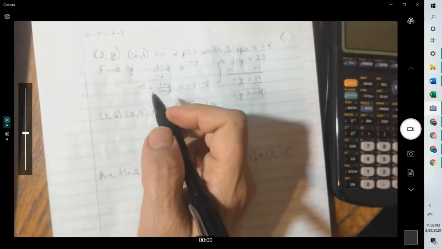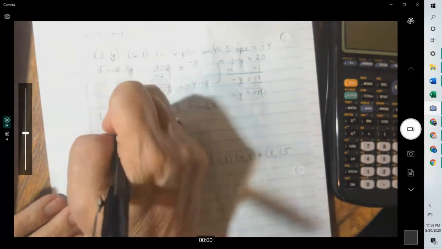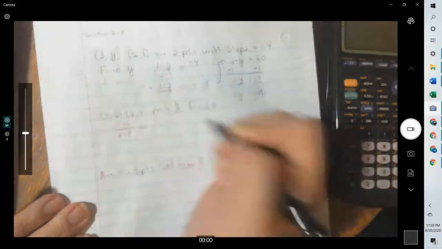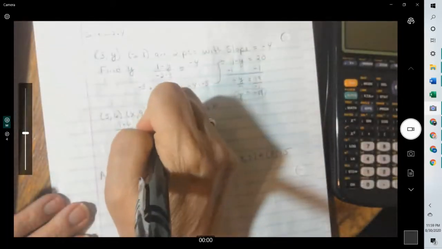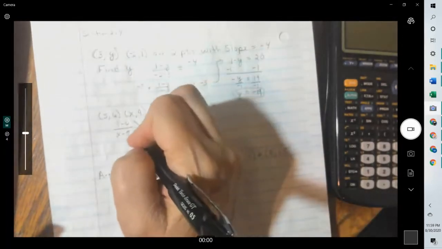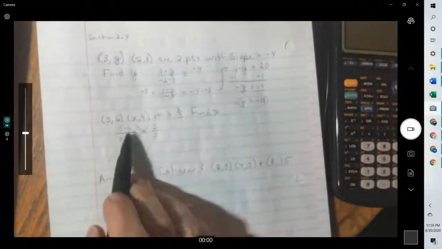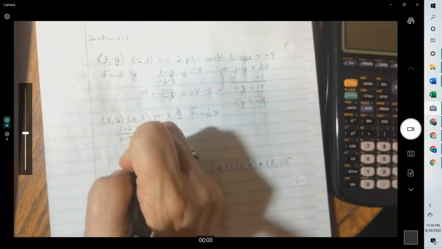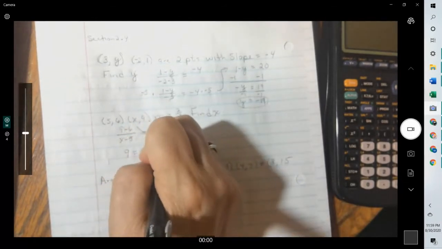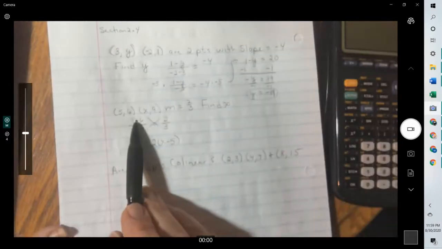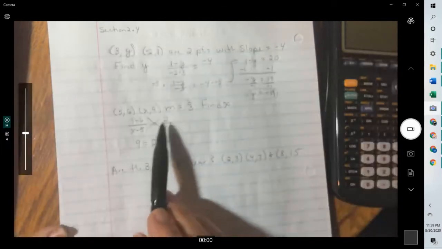We have slope 9 minus 6 over x minus 5 equals, in this case, the slope is 2/3. Now, when you have a fraction on both sides, we could cross multiply. But 9 minus 6 is 3, and then when I cross multiply that, 3 times that 3 is 9, and 2 times x minus 5.